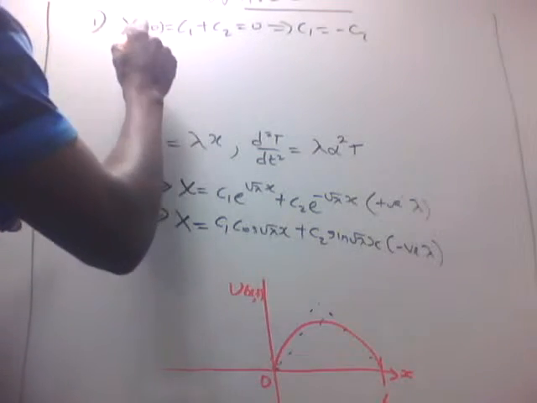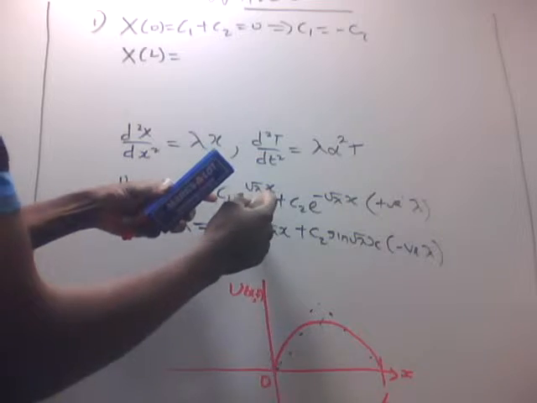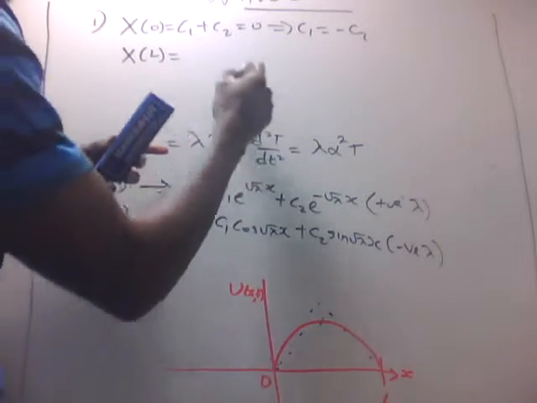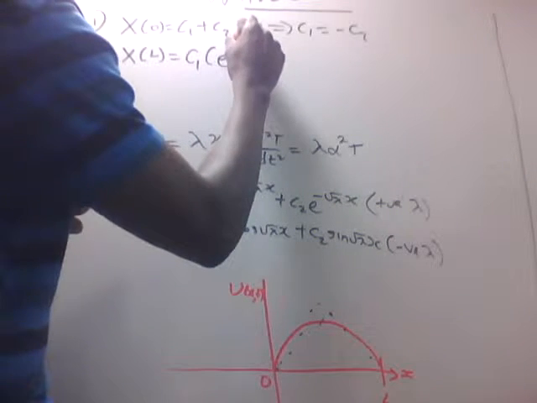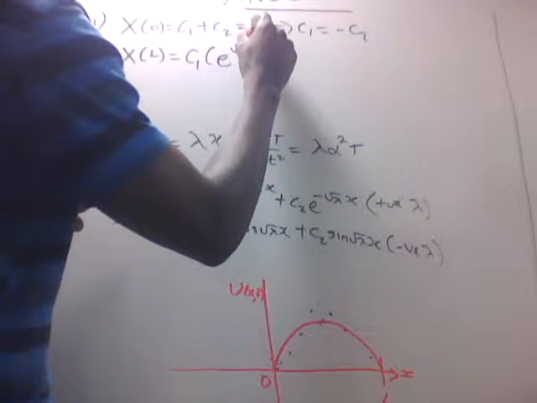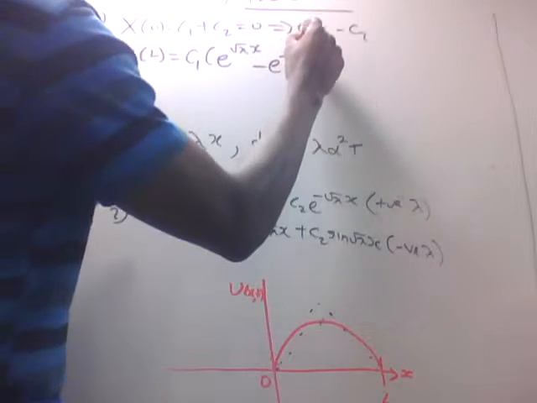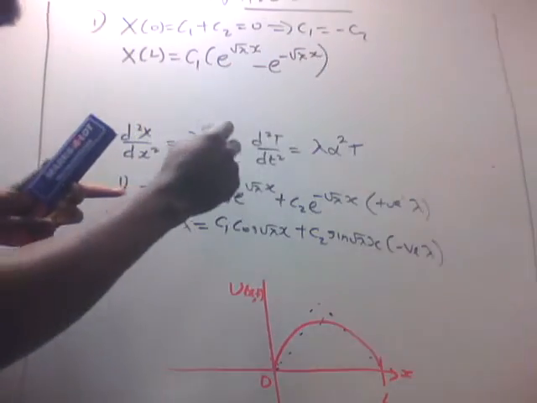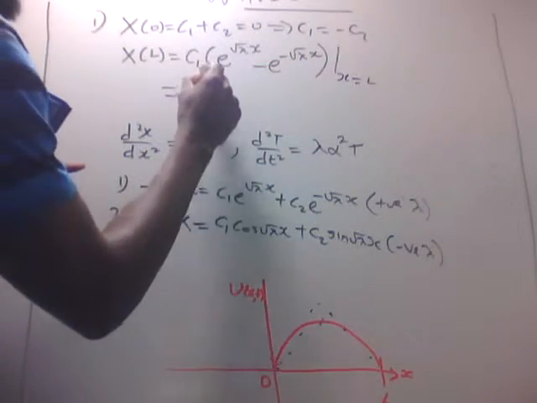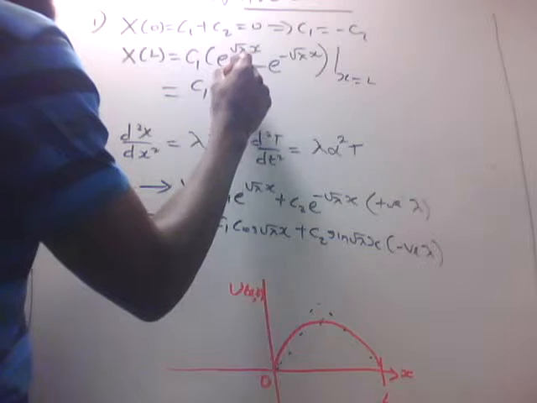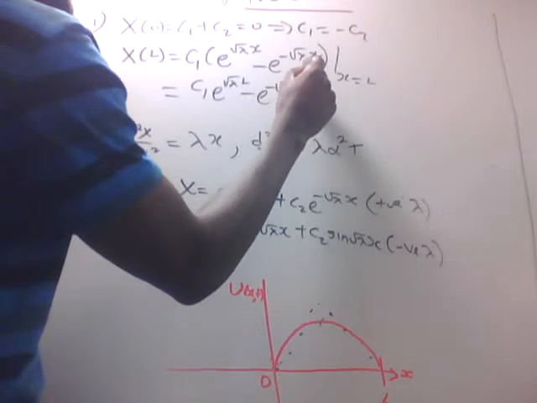Plug in x equals L, and since c1 equals negative c2, I'm going to write this as c1 times e to the square root of lambda x minus e to the negative root lambda x, at x equals L, which is c1 times e to the root lambda L minus e to the negative root lambda L.